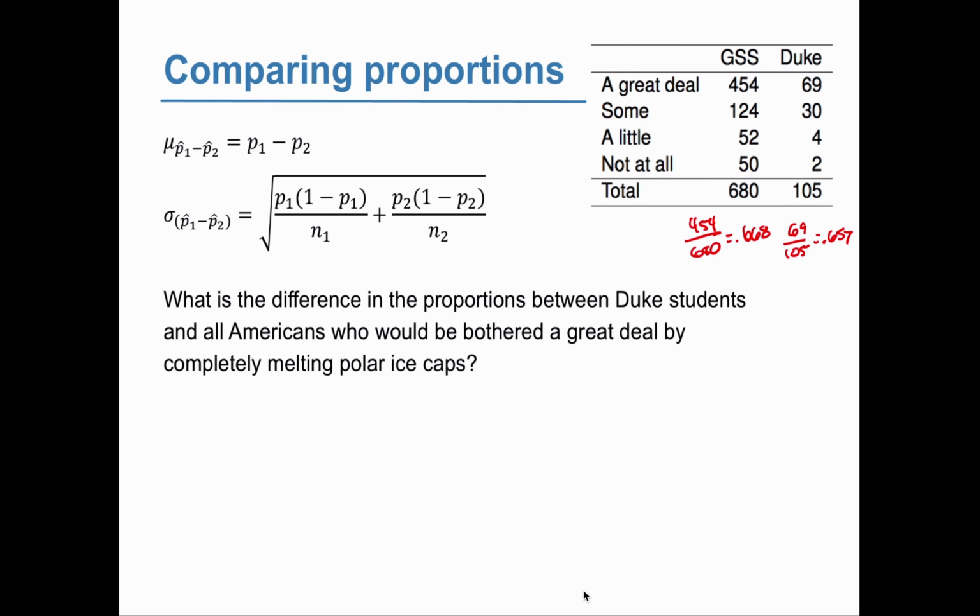So the difference in the proportion between Duke students and all Americans who would be bothered a great deal by completely melting polar ice caps, I think we did Duke minus all Americans, which would be 0.657 minus 0.668, which is negative 0.011.